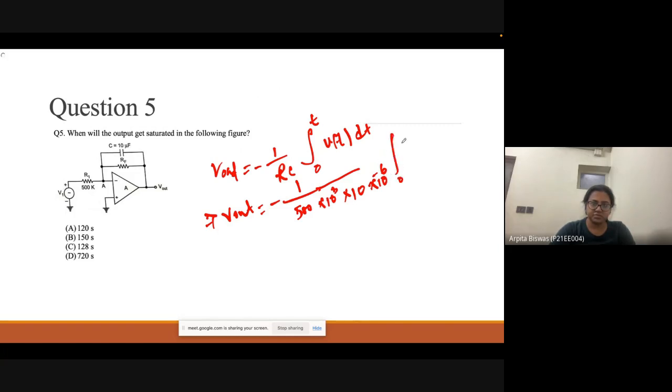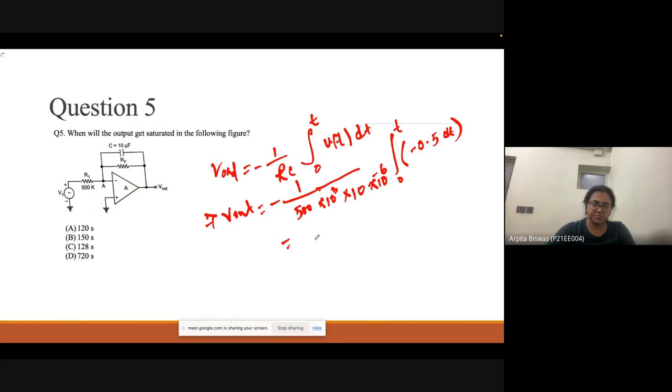And integration of 0 to t, minus, what is the value of V here? The V is minus 5 volt here. Minus 0.5 dt.